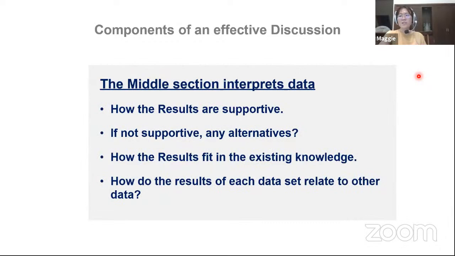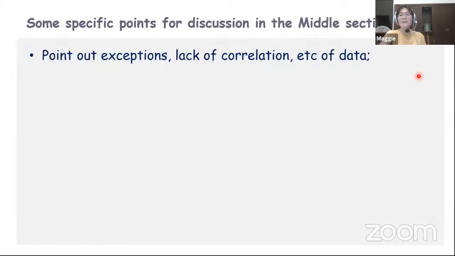Then the middle section interprets the data: how the results are supportive, if not supportive, any alternatives, and how the results fit in the existing knowledge. How do the results of each data set relate to each other? And some specific points for discussion in the middle section.